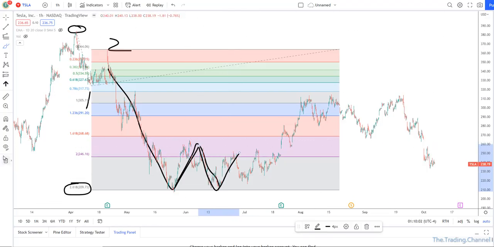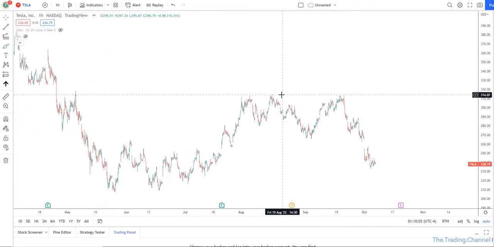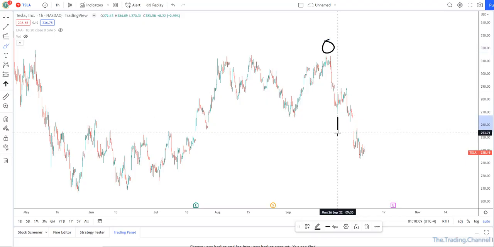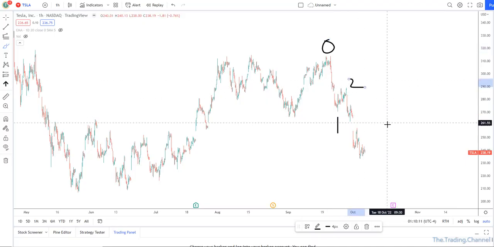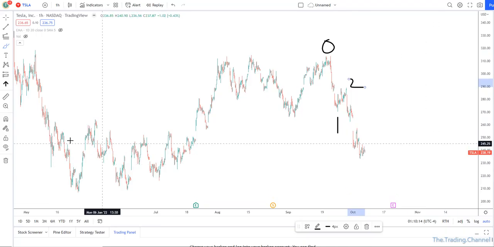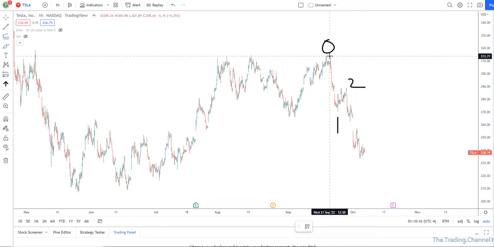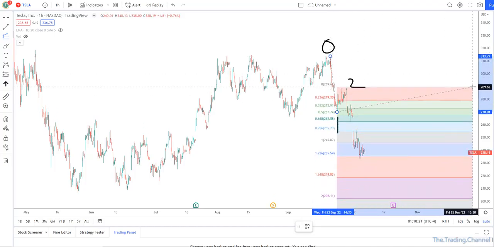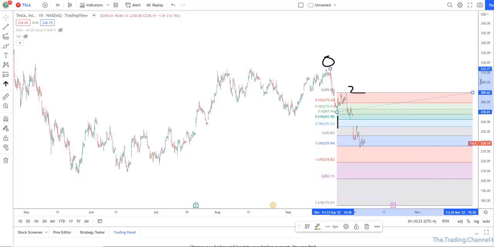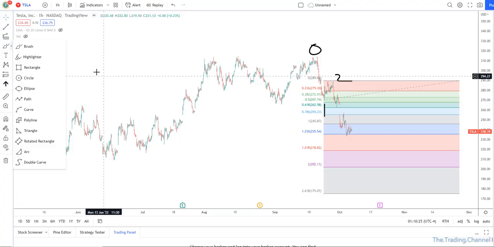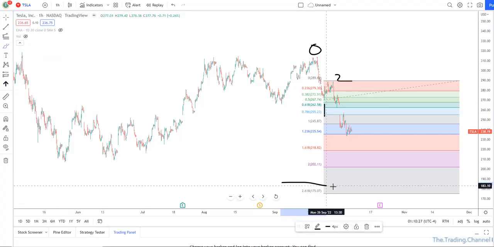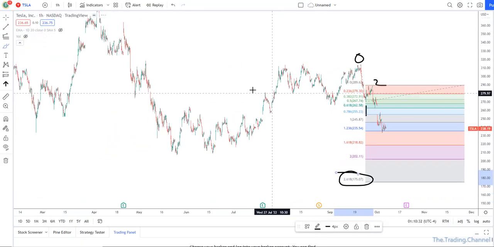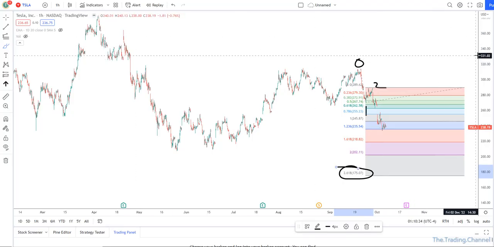If we were to repeat the whole thing, this is called my 0 today on Tesla. This is called my 1, and this is called my 2. Assuming I don't know where 3 and 4 are, I just pull this thing out again, 0 to 1 to 2. I'm looking at almost the same level, which is the 2.618. That would be $175. Back then, that was the area that it bounced off.